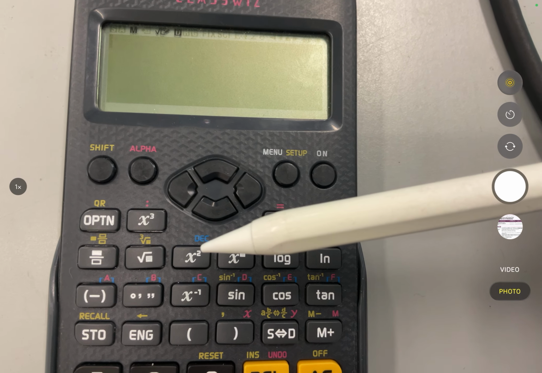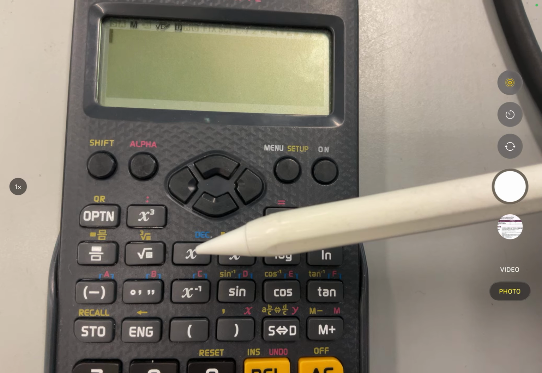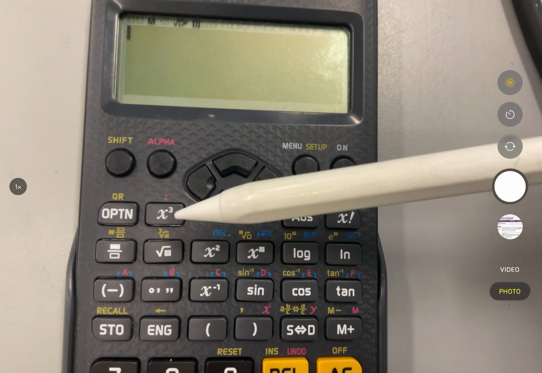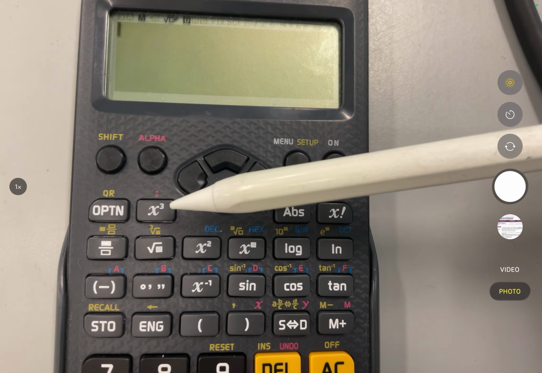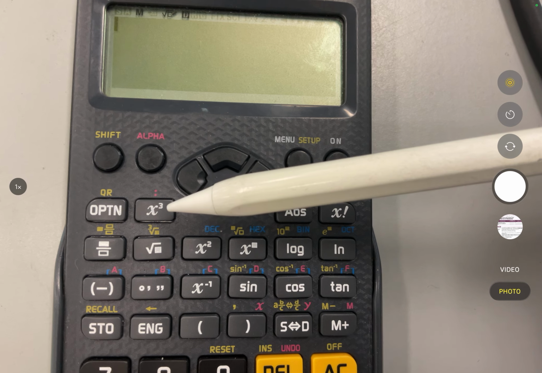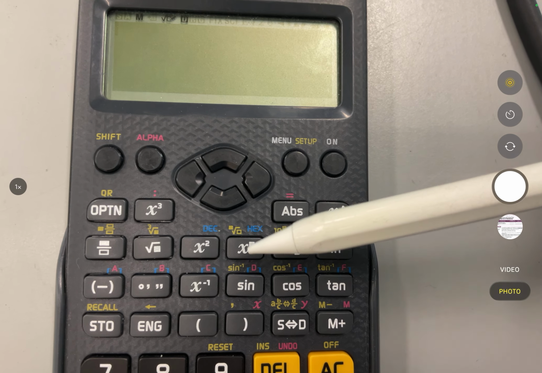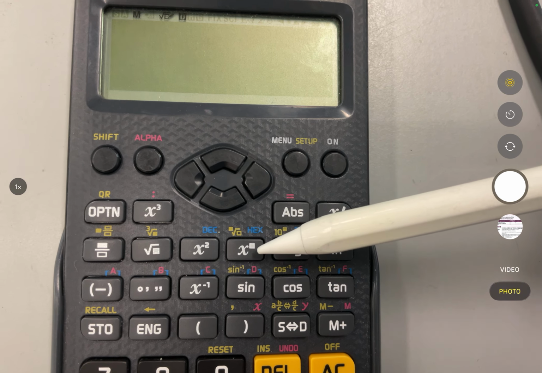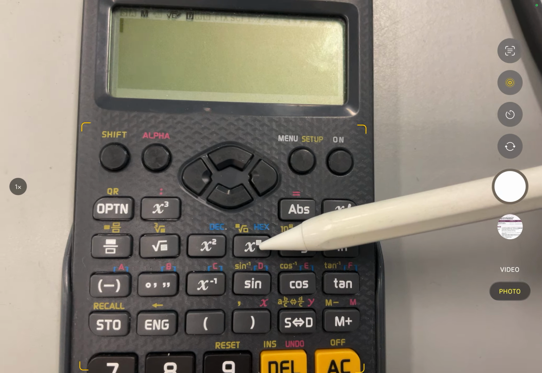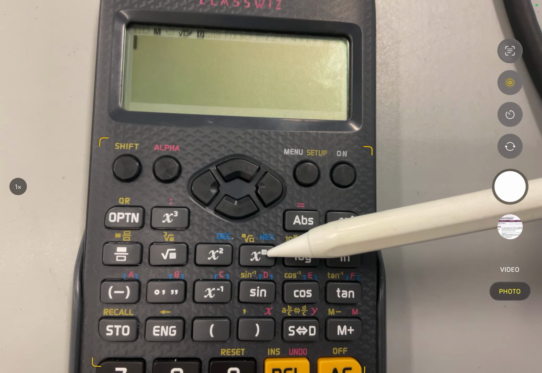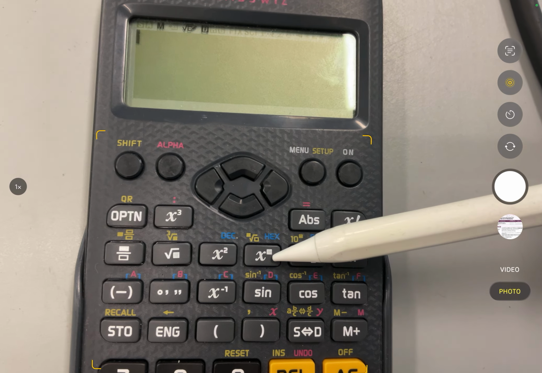Any number I want to square, I can press x squared. Any number I want to cube, I can press this x cubed. But if I want more than 3, then I go to this button, the button beside your x squared, where you have a box. So you can add in any power.